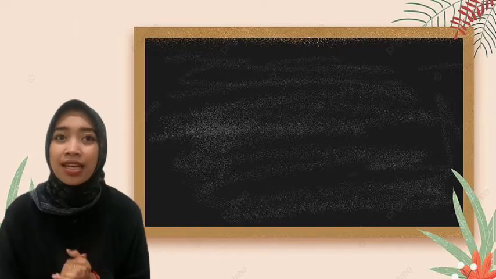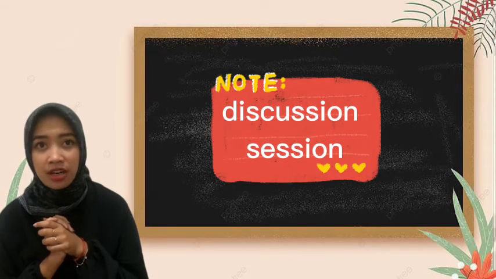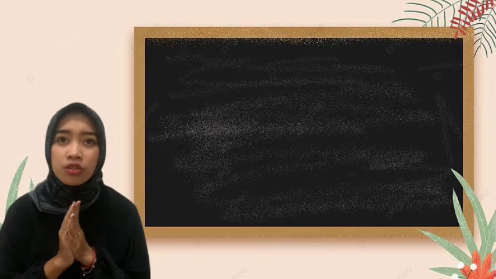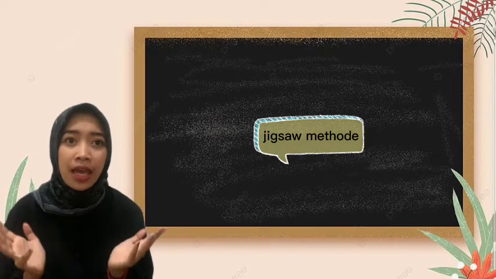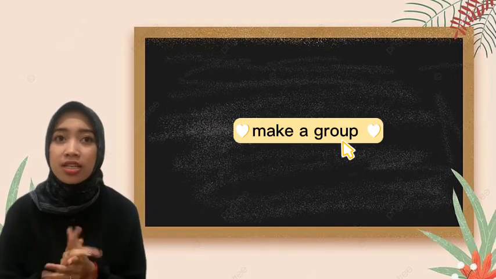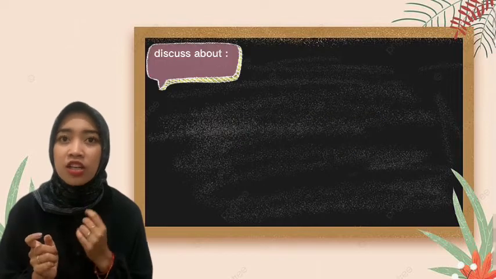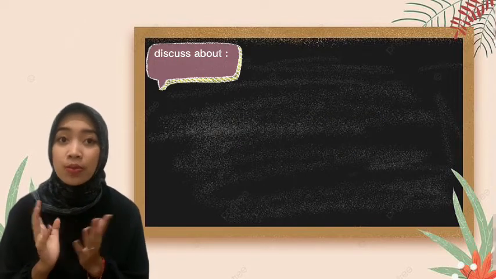And then the next session is a group discussion. This discussion will use the jigsaw method. Please make an original group. From the group, then divide again into groups of experts.